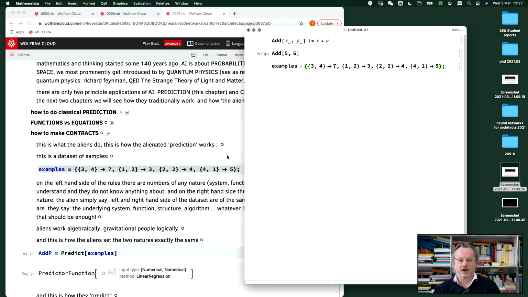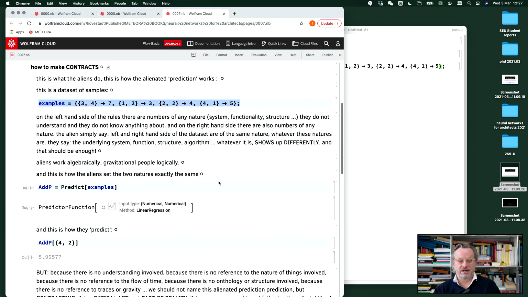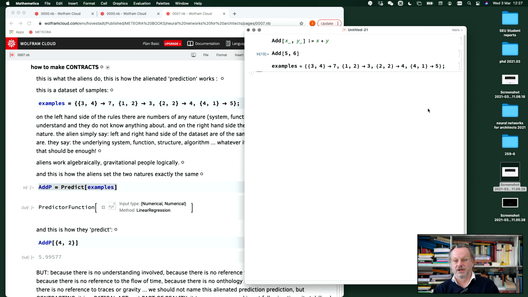So, and now this is how it works. So we have in Mathematica, we have these kind of superfunctions, because it's like this. In principle, this starts a neural network or whatever, something like that, which is able to learn what's going on here.